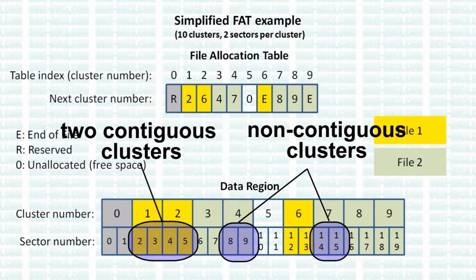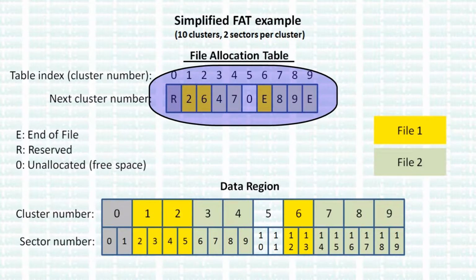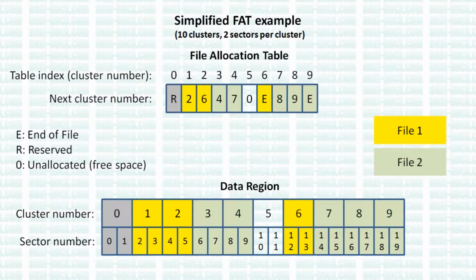Therefore, if we finished reading an entire cluster and we want to read the next one, we don't know a priori where the next cluster begins. In order to know which is the next cluster on the file, we must read a particular table, the file allocation table. As an example, let's consider this very simplified file allocation table implementation.